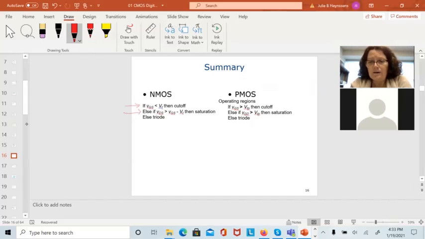An equivalent equation for PMOS is VDS less than VGS minus VT, or VGD greater than VTP. Otherwise, it's in triode. So for exam 1, one of the things you're going to have to be able to do on pretty much every problem, and especially the first problem, is identify the region of operation of a transistor.